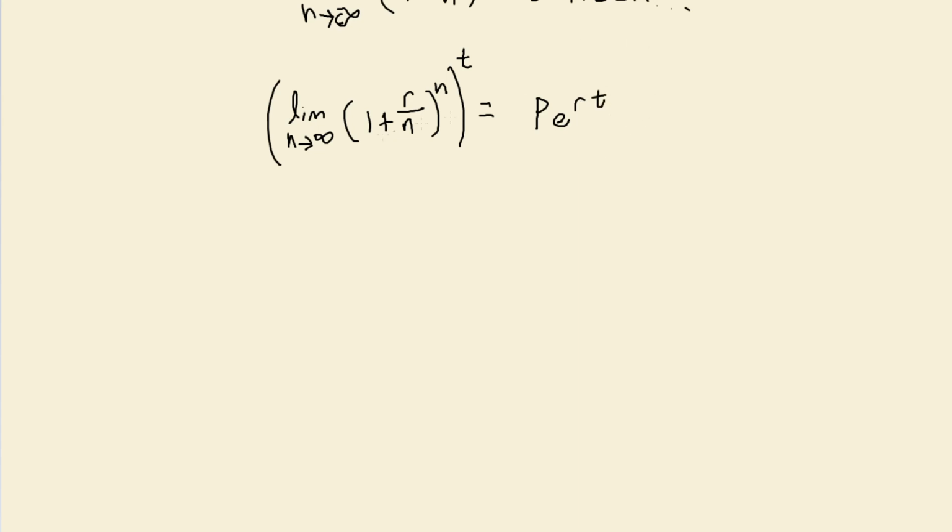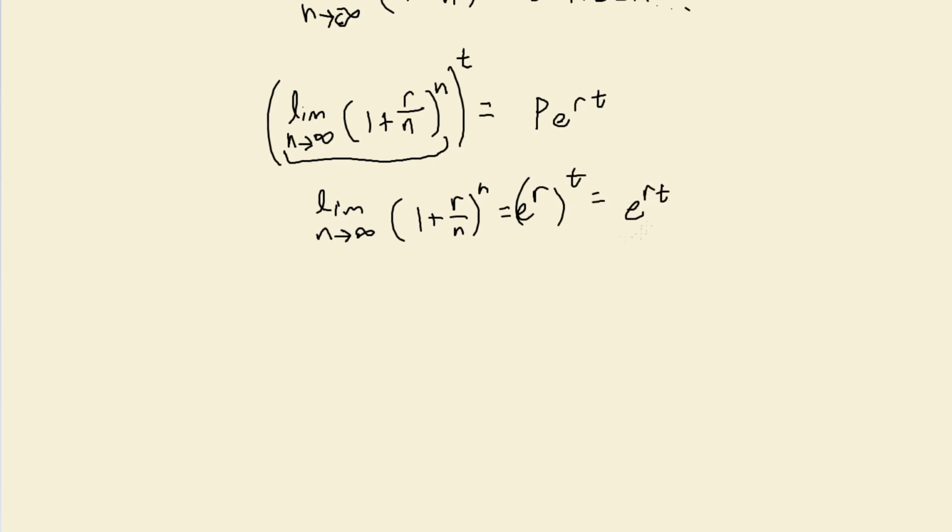And the reason that that works is because this expression inside here, the limit as n approaches infinity of 1 plus r over n to the power of n, this is equal to e to the power of r. And when you raise this to the power of t, it's the same as taking the product of those two exponents for the base e. And so that's where this formula for continuous compound interest comes from.